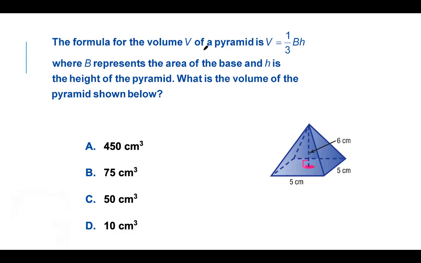All right, so they give us our formula, which is really nice of them. And they also remind us that the B represents the area of the base, meaning it's not just one of these lengths. I need to use both of them.